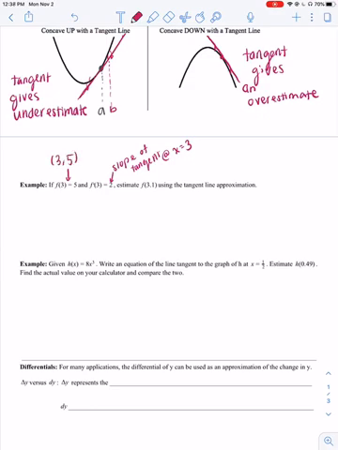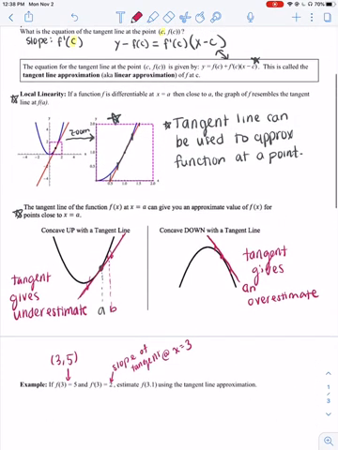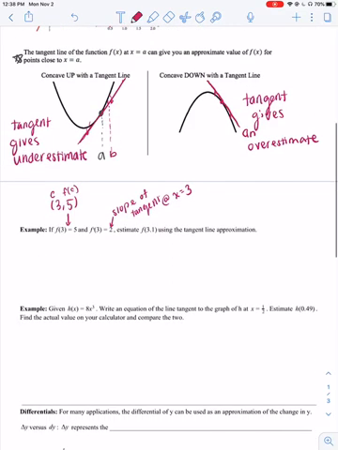So you can certainly use the formula that was given up here. Your c value would be 3, this would be your f of c, and the 2 would be your f prime of c. Or just write the equation of the line in point slope form. That's what I would recommend.